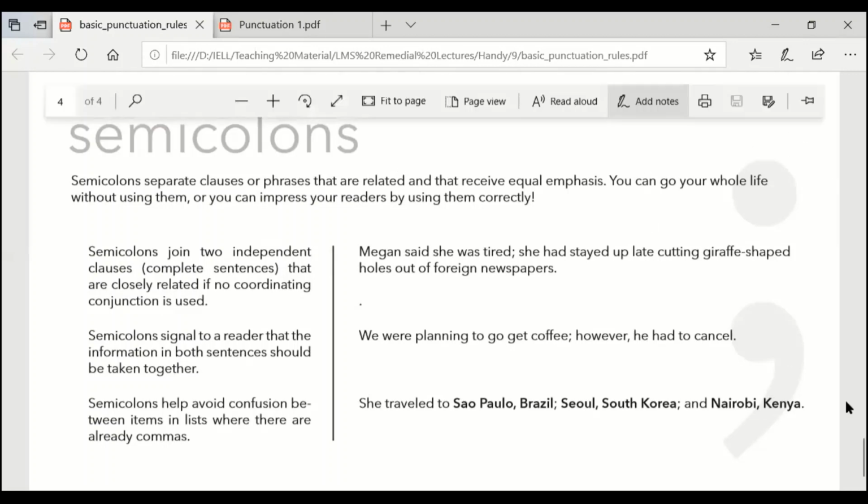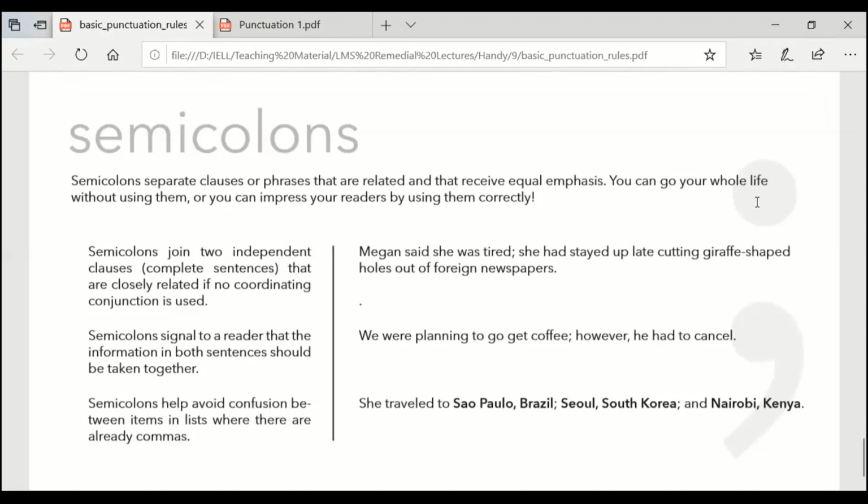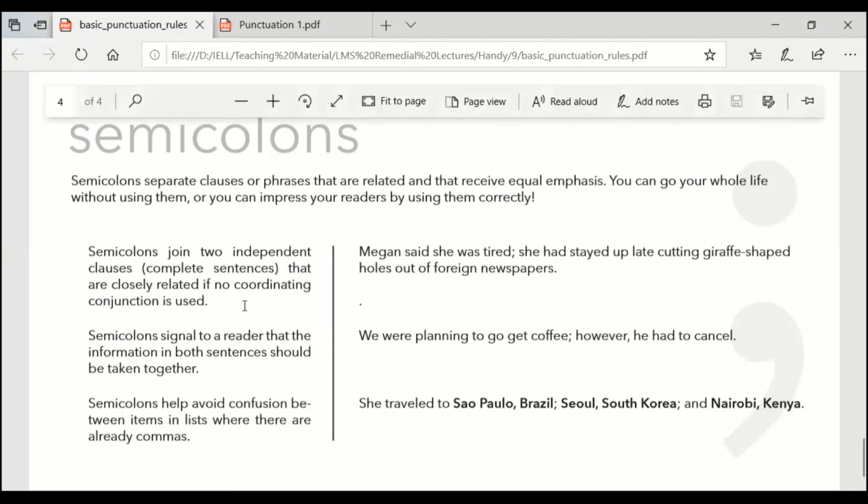This mark is the semicolon, a full stop and a comma in parallel. A semicolon joins two independent clauses, complete sentences that are closely related, if no coordinating conjunction is used. So here, between two independent clauses, we have used the semicolon without any coordinating conjunction.